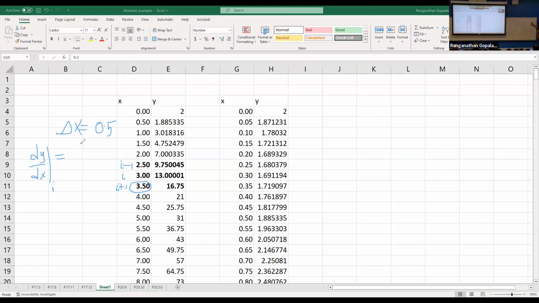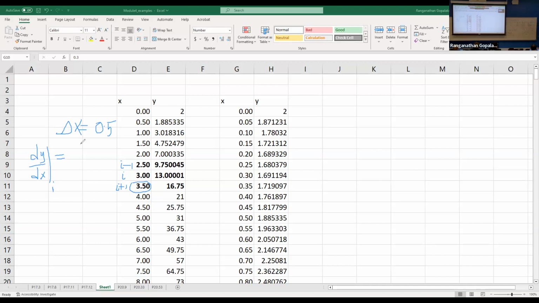If I subtract these two rows, this term goes away, doesn't it? Because these have the same magnitude, and you have a third term, d cube y over dx cube at i, delta x cube over 3 factorial, plus and so on up to infinity, and then minus d cube y over dx cube at i, delta x cube over 3 factorial, up to infinity.